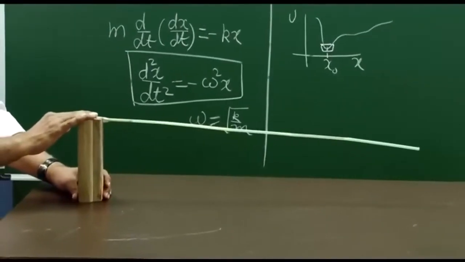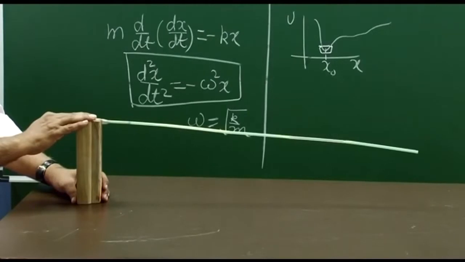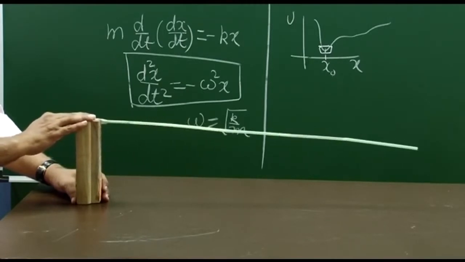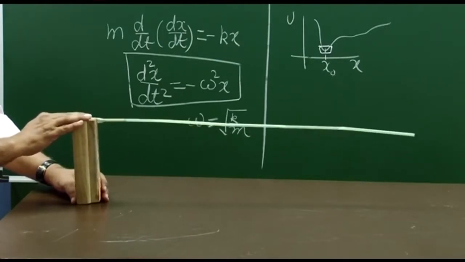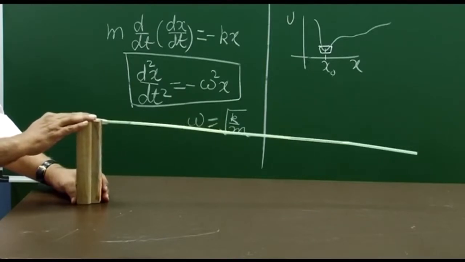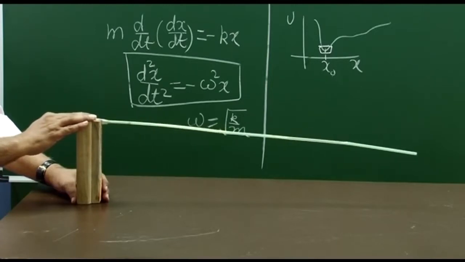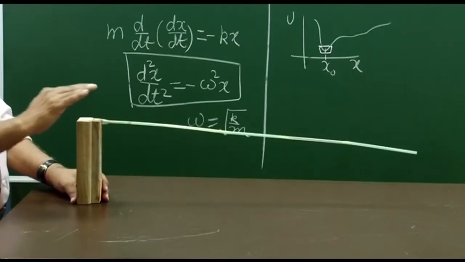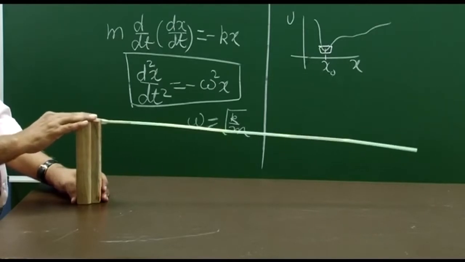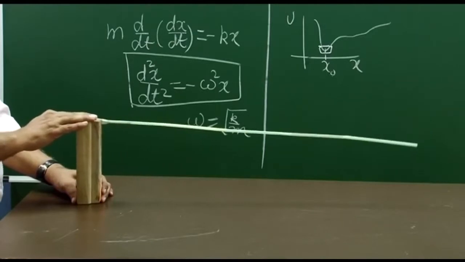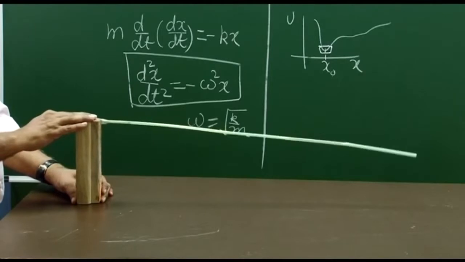Look at my fingers and look at the straw. I am going up, I am going down, at a very low frequency, and this straw is also going up and down. Let me do this motion at a very large frequency. Look at my hand, I am shaking my hand with a much greater frequency, and there are some oscillations you can see there.